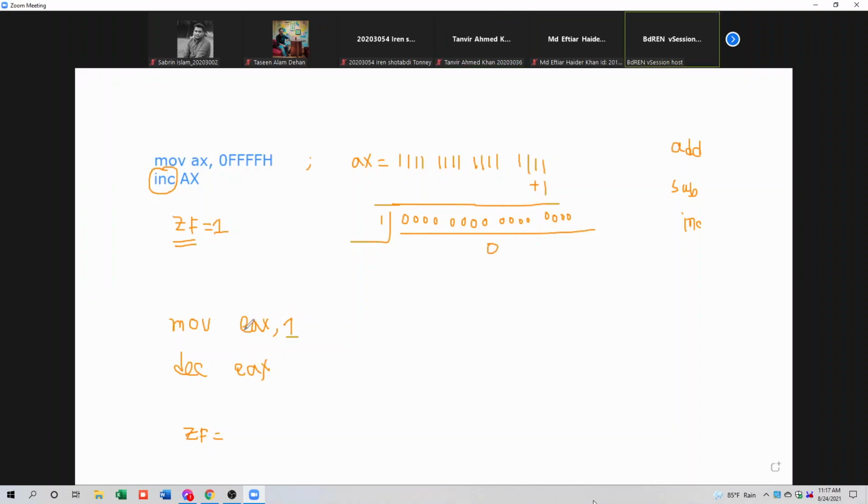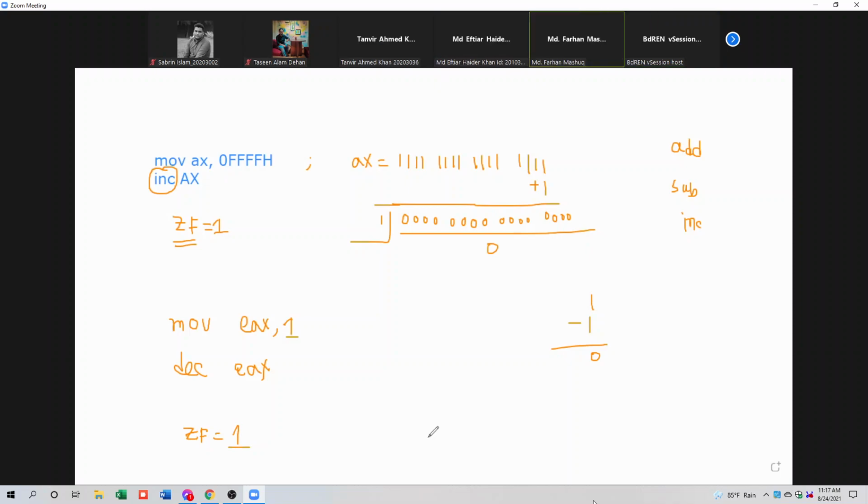So we are initializing the register EAX, a 32-bit register. How do we write the binary representation? There will be 31 0-bits, and then the last bit will be 1. And if we subtract 1 from 1, the result will be 1 minus 1 equals 0. So if the result is 0, the zero flag register will be set. Its value will be 1. Clear?